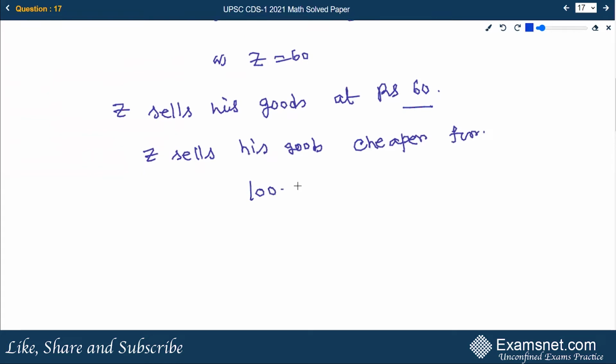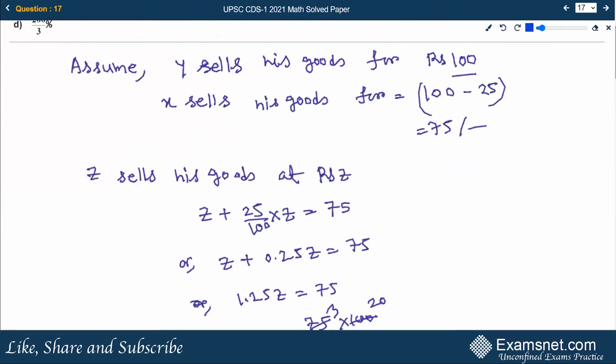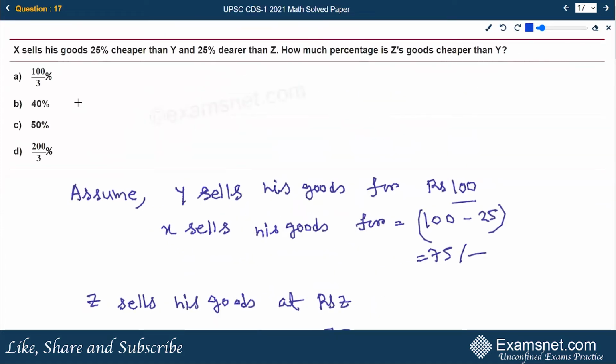The difference is (100 - 60) by 100, that is, the difference of their price on the price that we are comparing, that is Y's goods price, rupees 100, multiplied by 100. So we will get 40%. So Z sells his goods 40% cheaper than Y. So here option B is the correct answer.